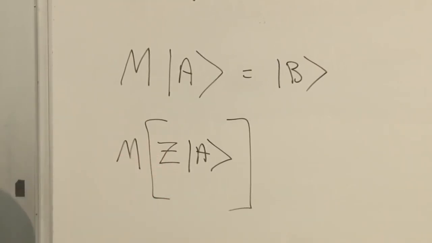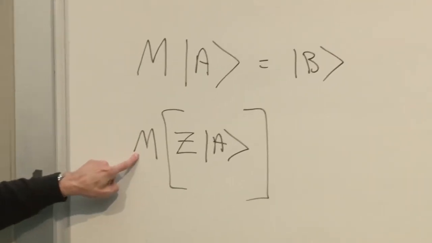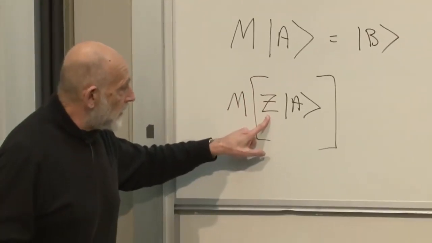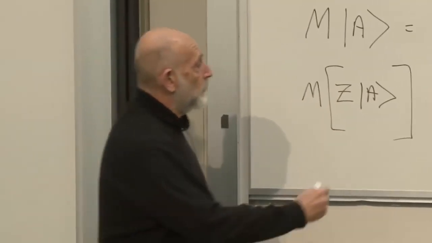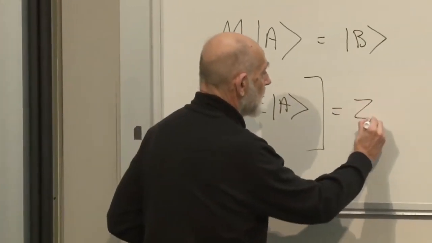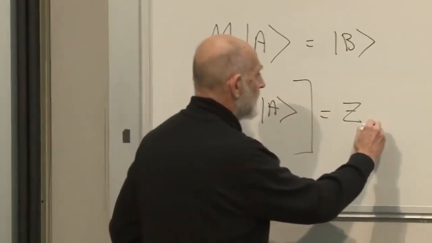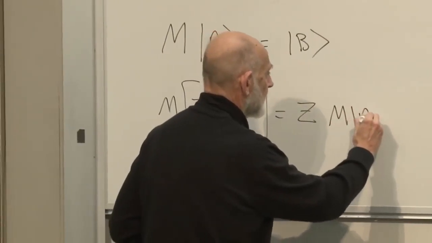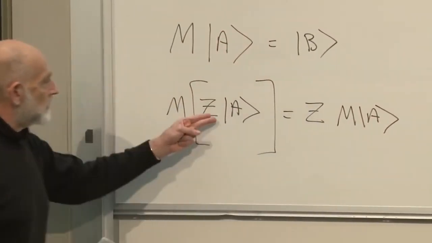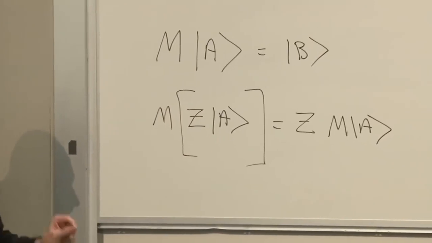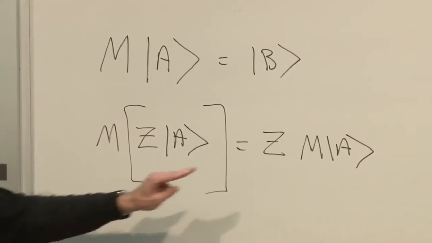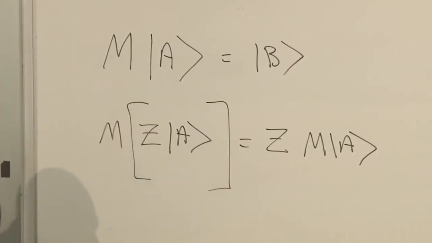Z is a complex number. The rule about linear operators is if they act on a constant times a vector, they just give back the constant times what they would have given on A. All right, so it just means that a Z, a complex number, can be brought through M.